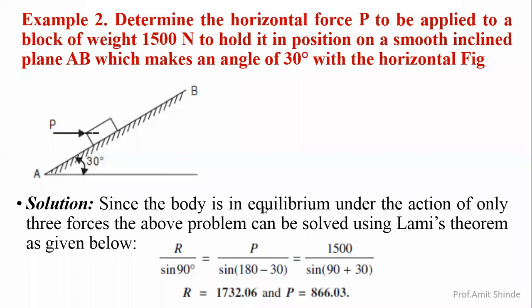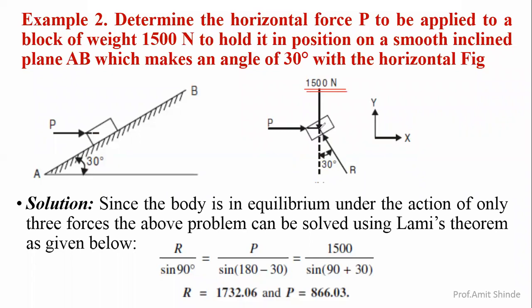Now, since the body is in equilibrium under the action of all these forces, we have to apply Lami's theorem. First of all, we have to draw the free body diagram of this block. The block will be like this. The self weight of 1500 is passing through the CG.